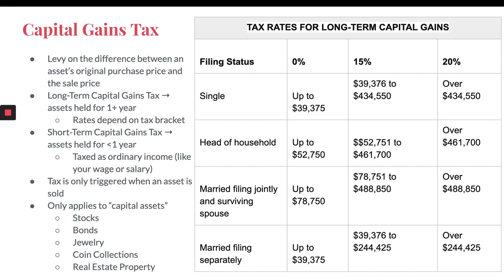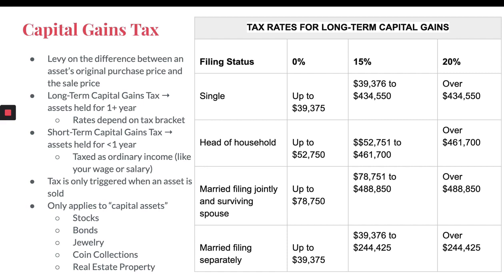However, a long-term capital gains tax depends on your tax bracket. Let's look at the chart to our right of the tax rates for long-term capital gains. Say that you're a single filing status and you have capital gains of 100 grand. You would fall into that 15% range.